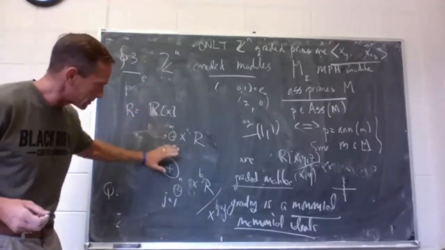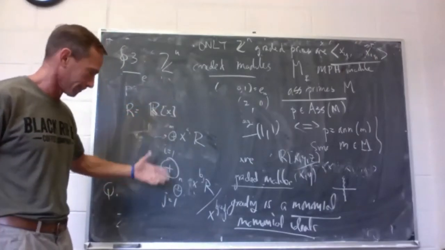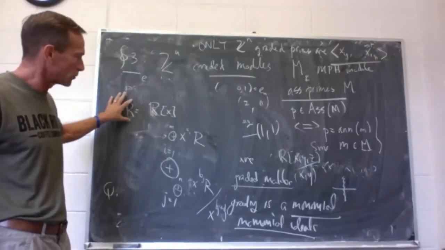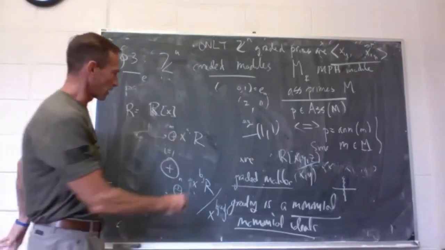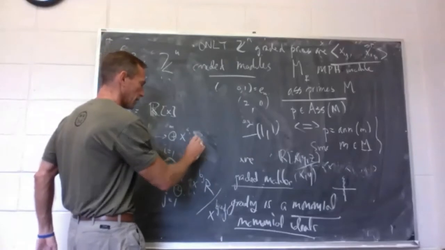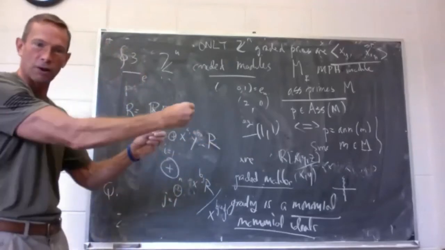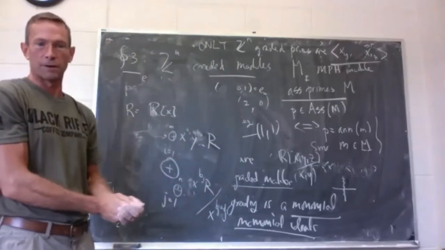This is a graded module in one variable. In the Z2 grading setting, this would be something like x to the a_i, y to the b_i, and so on. I'll generate it in a certain degree, and I'll kill it in a certain degree. So just a follow-up to that question.